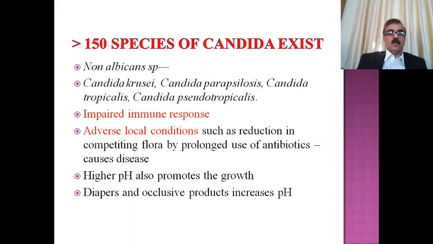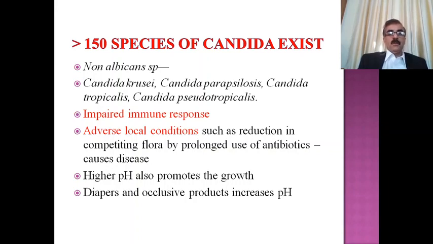For example, if a patient of recurrent candidiasis or recalcitrant candidiasis is there, we should always think of Candida krusei, which is resistant to azoles. So many patients on routine antifungals should be reconsidered for other newer treatment than azoles. There are other species like Candida krusei, Candida parapsilosis, Candida tropicalis, Candida pseudotropicalis.